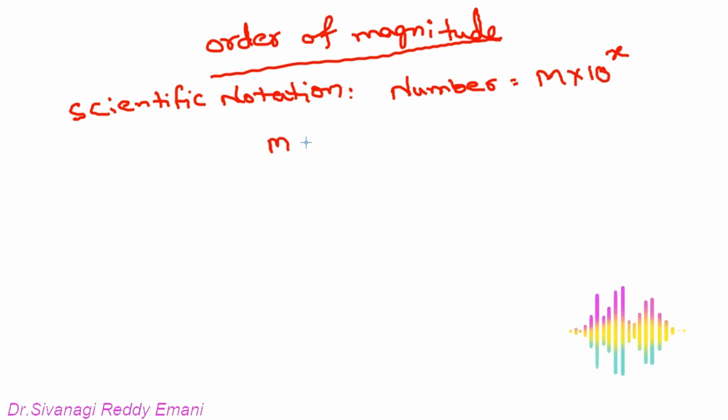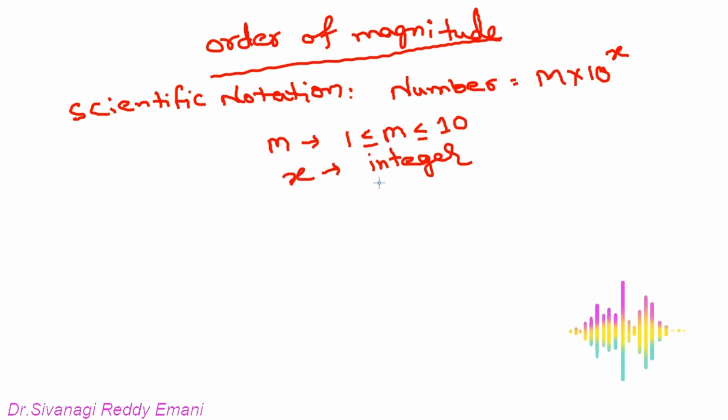This number m always lies between 1 and 10, and x is an integer. This is the way to represent scientific numbers. So what is the order of magnitude? The order of magnitude is the power of 10.